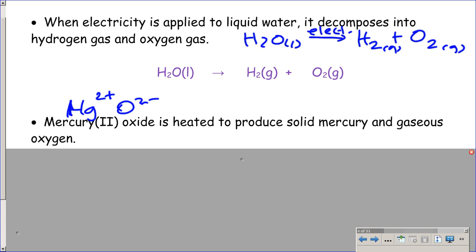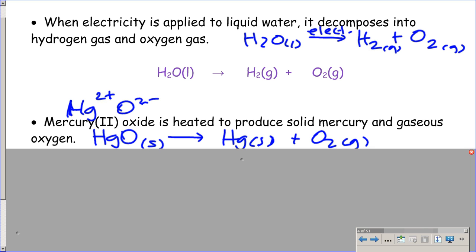So if you go with it like that, you can see that the 2 and 2 will go crisscrossing, but then of course you would like to reduce the Hg2O2. Doesn't say the state. I'm going to go solid. Produces solid mercury and gaseous oxygen. You can do that from here. And what do you guys want to put above the arrow? Heat. Okay, good. Yeah.